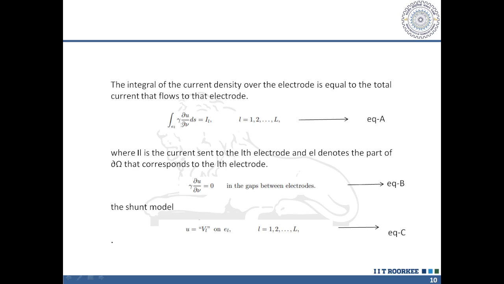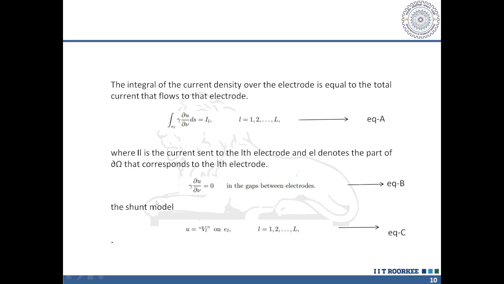So if we only apply the current through the electrodes, then obviously there is no current flow between the electrodes, in the gap between them. So the current contributed between the two electrodes is zero.